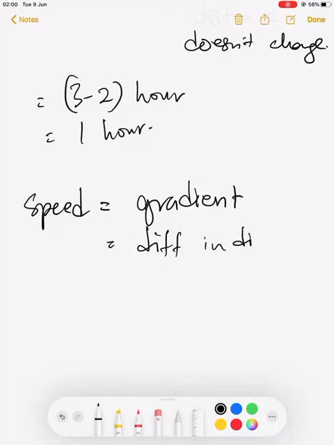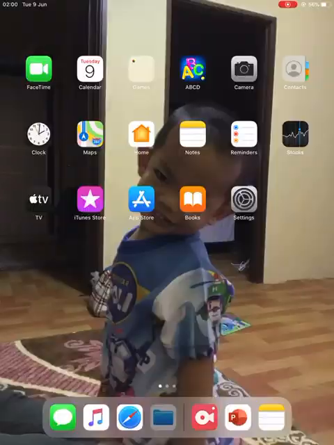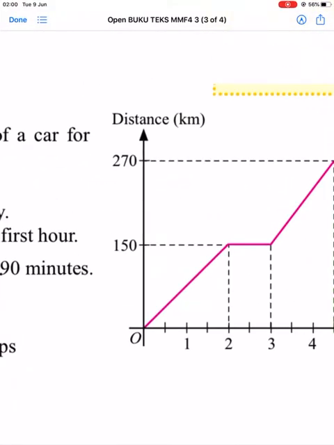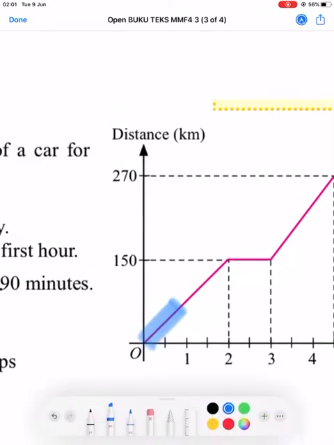So the distance in the first hour. When we look at the graph just now, in the first hour here, we don't really have the exact point. What we do have is the gradient for the first 2 hours.